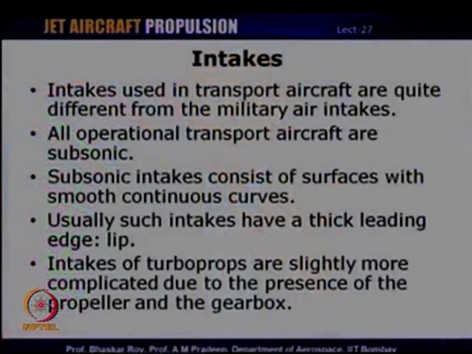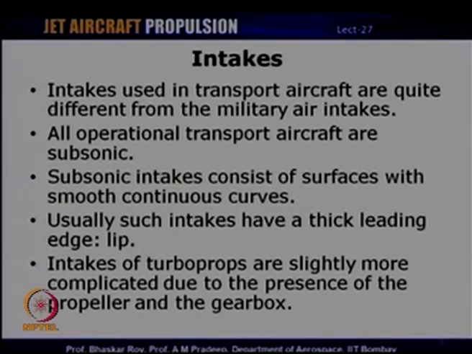And even in civil aircraft, the other form would be the turboprop. Intakes of turboprops are a little more complicated than the normal turbofan intakes. Since all the transport or civil aircraft that we know as of today which are operational are subsonic, the intakes of most of these aircraft are very similar in terms of their geometry, and they all usually consist of smooth continuous curves.